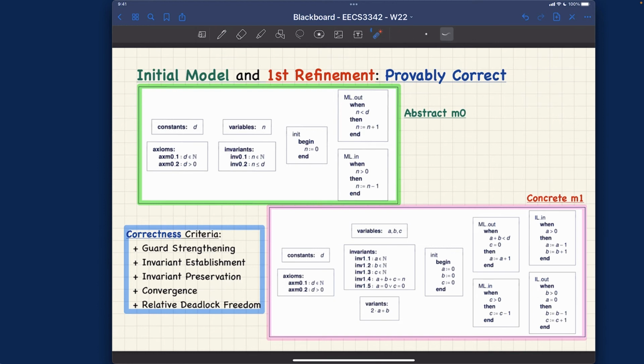Let's now compare very quickly. We've got the abstract model over here and the concrete model over here. In the case of guard strengthening, let's think about which part of the model is involved in each of them.